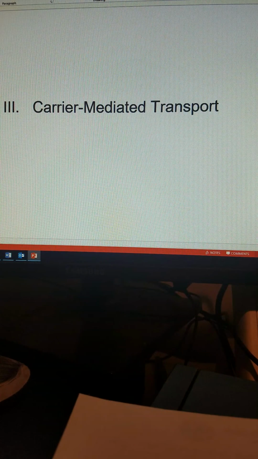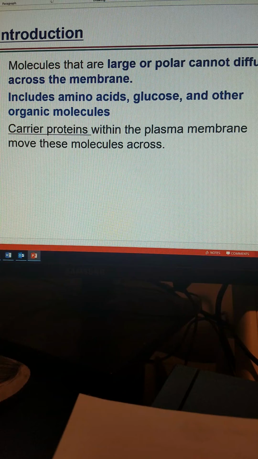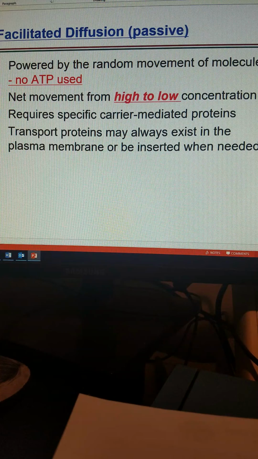Alright, carrier-mediated transport. Once again, if items are too large or they're polar and they can't go through the cell membrane, they need carrier proteins to help them do that. Facilitated diffusion needs that as well.